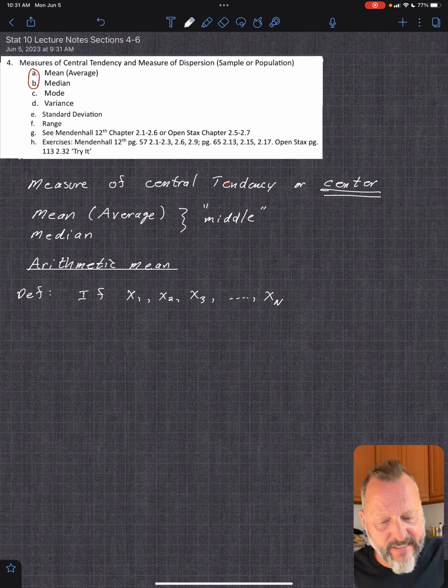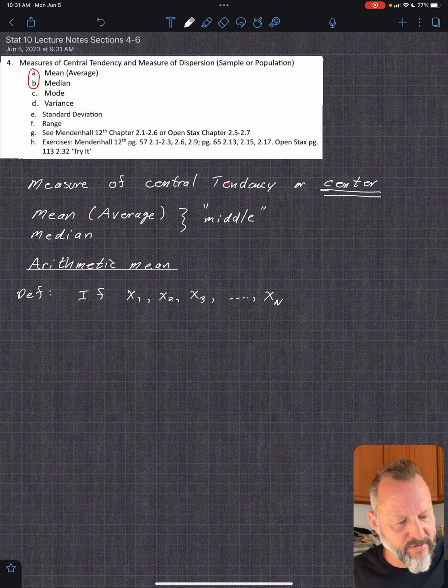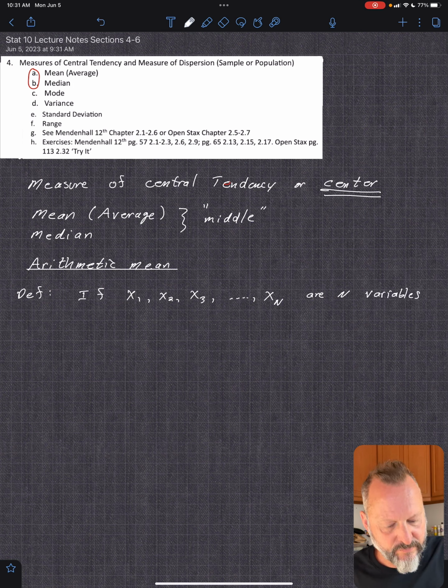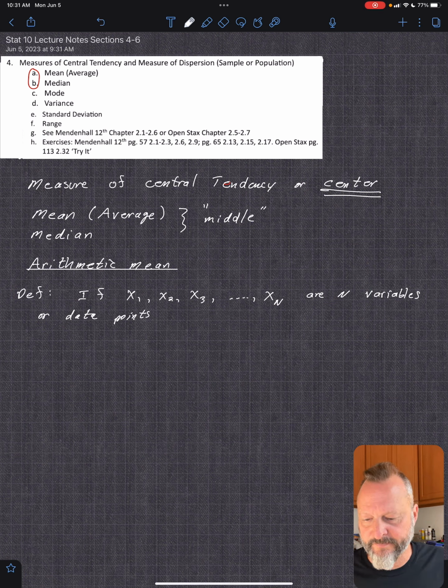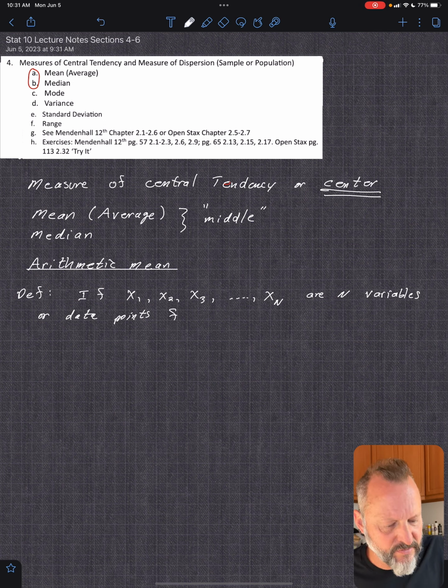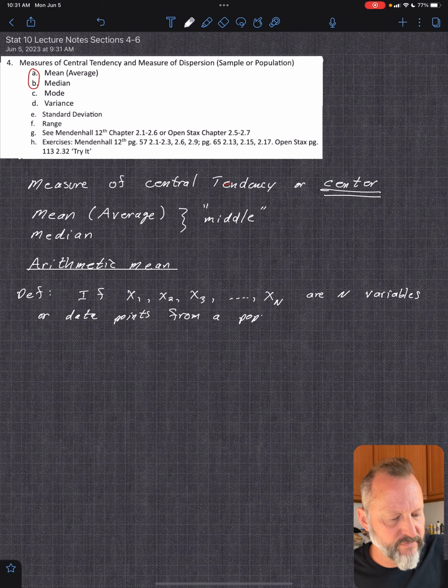If those are n variables, or I'll say data points, from a population.